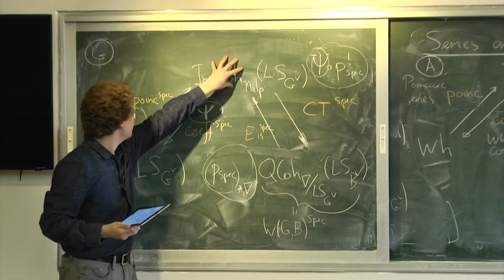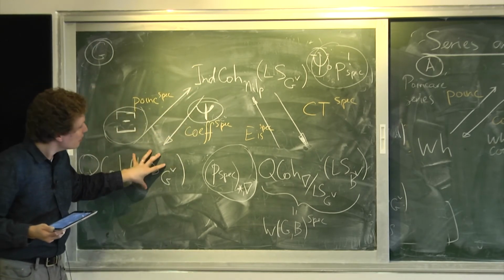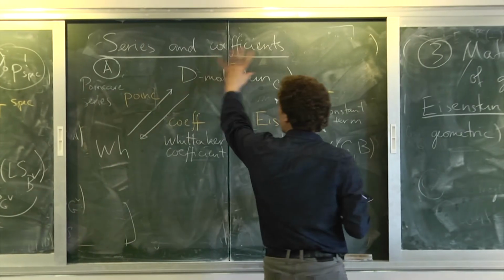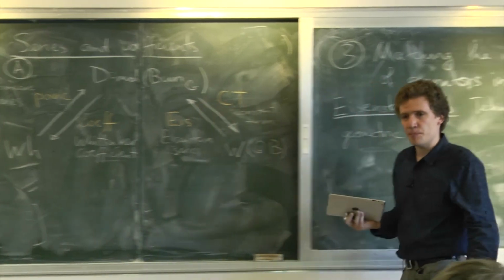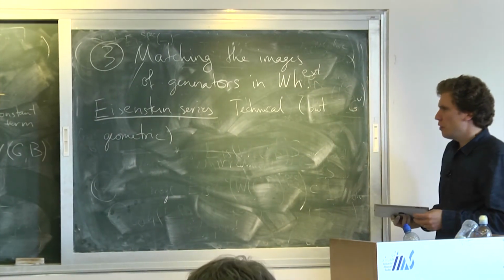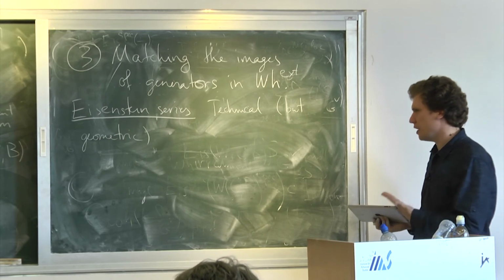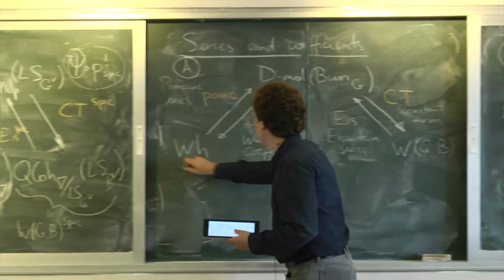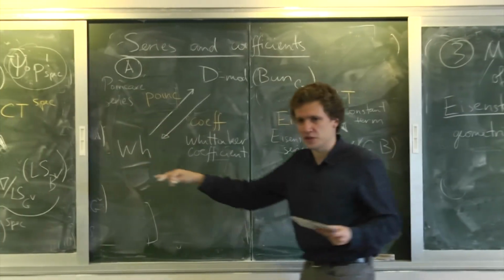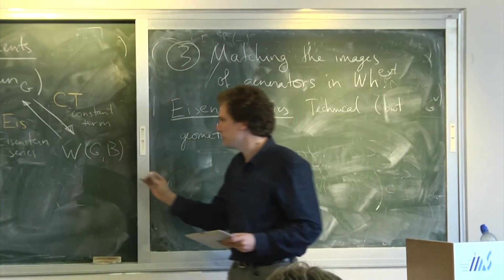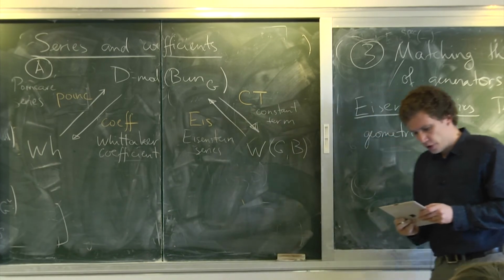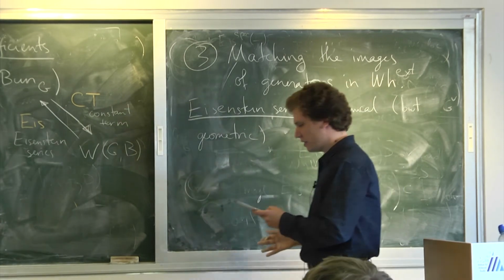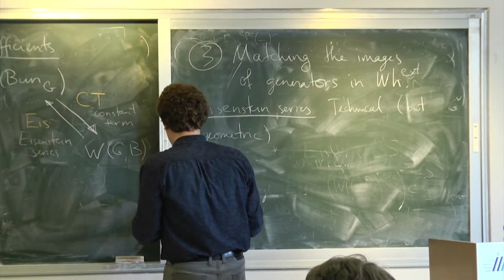Or start here, take Eisenstein series, and take its Whittaker coefficient. We have to do this on the spectral side, we have to do it on both sides of the correspondence and compare the results. This is not 100% finished, partly because in order to compare the results, the bottom rows should be matched perfectly, and there are still some subtle points there. But at least in principle, it's clear how to go about doing this.